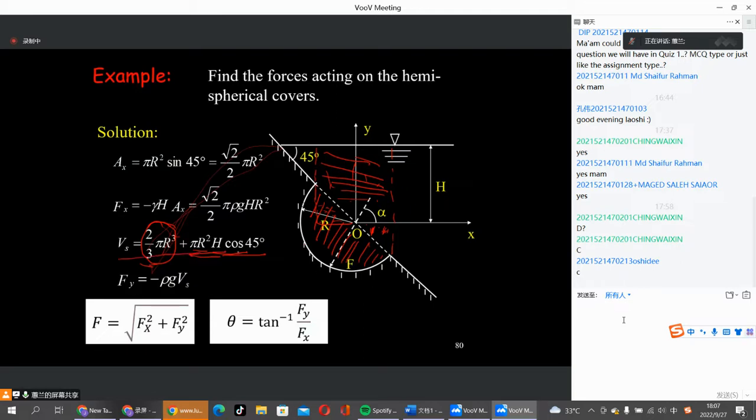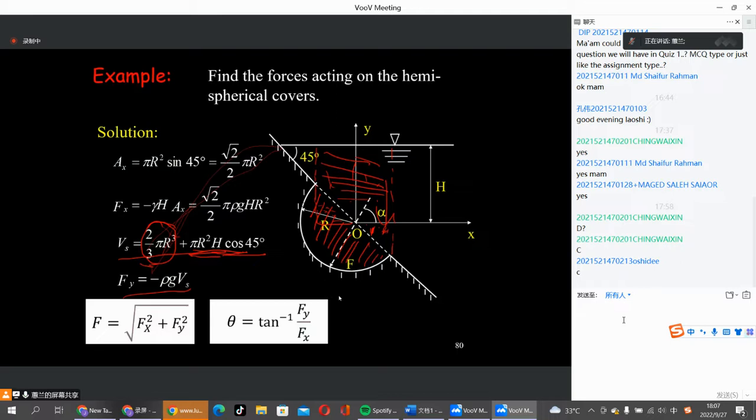So for this question, it's a little bit difficult to calculate the volume, okay? After you figure out the volume, you can find the vertical force. Why is it a minus? Again, because it's downward.